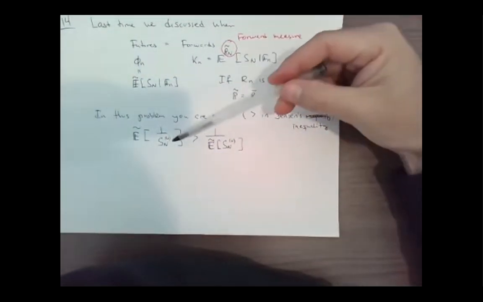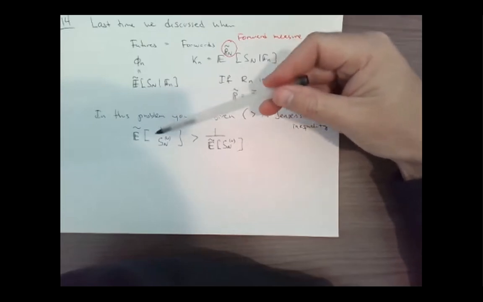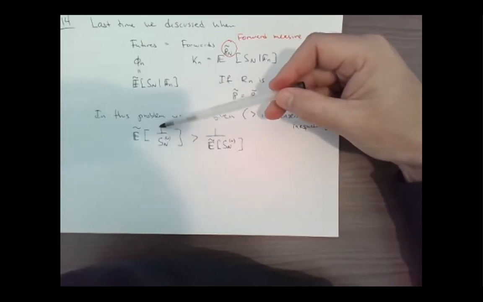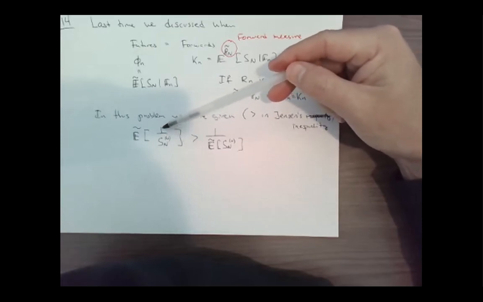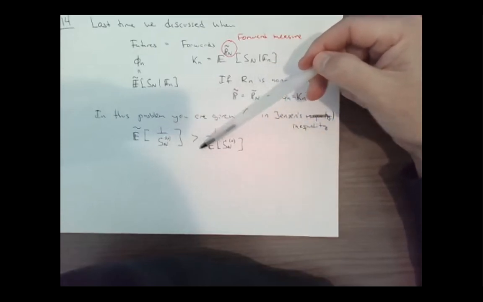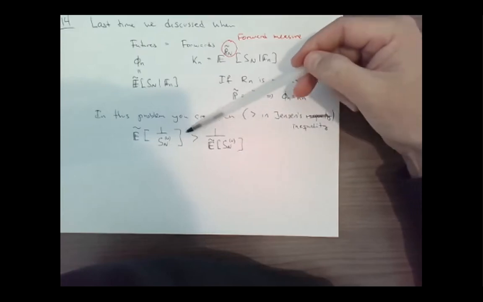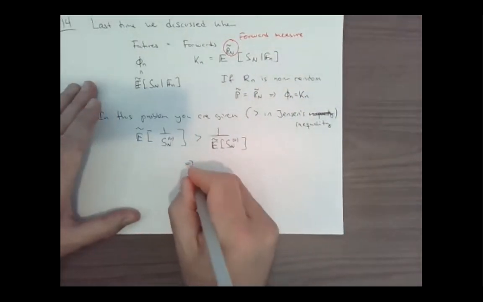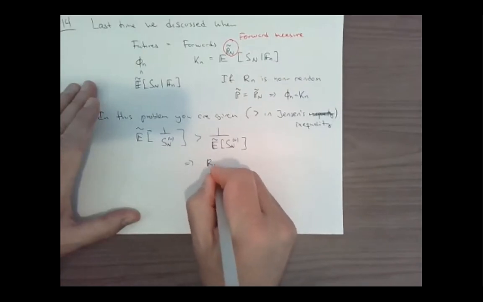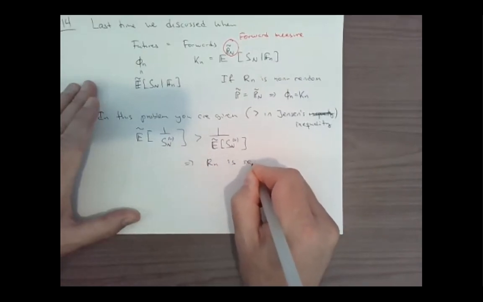So you can see here, Jensen says if you take a convex function, so here the convex function is 1 over x, Jensen says that when the function is inside, you're bigger than or equal to when it's outside. And so here you're going to get strict inequality. So this implies that Rn is random.